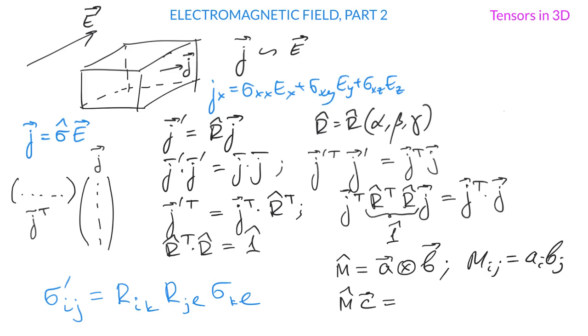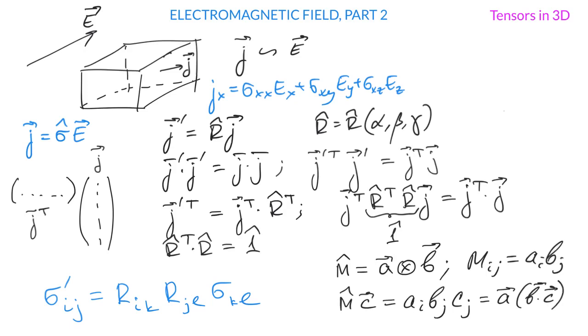This is obviously a tensor because the action of tensor M on some other vector C is defined by taking the matrix elements a i, b j, and contracting the second index with the index of c. But b j, c j is just an inner product. So what remains is a times b dot c.